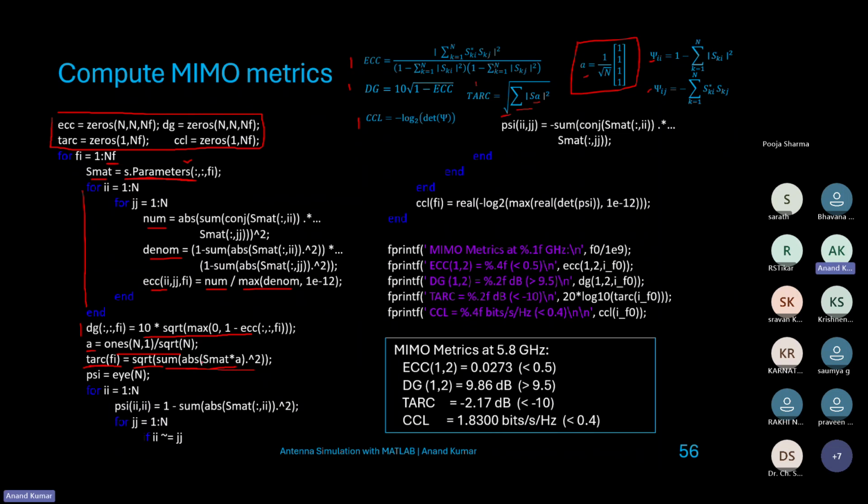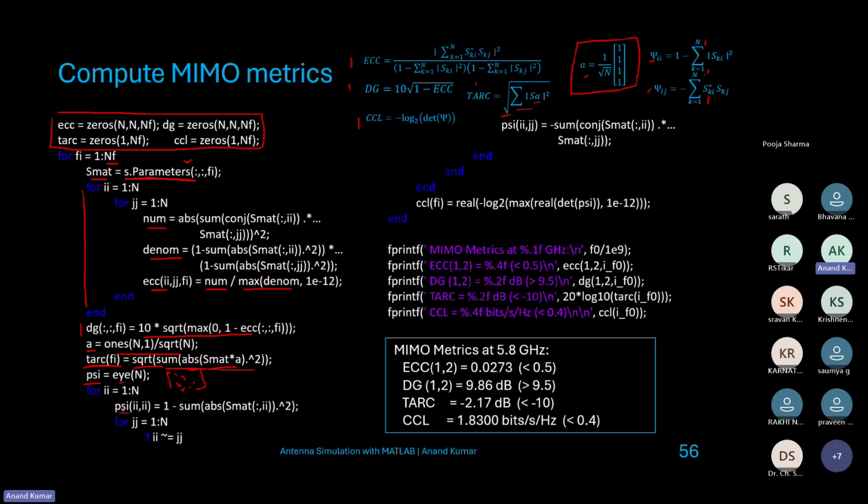And then finally, to get the channel capacity loss, we first define the I matrix, a unitary matrix like this. And then to get the psi values, we have to run again a summation from 1 to n, 1 to n.